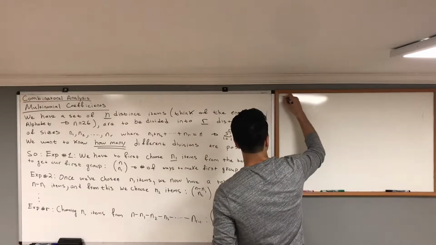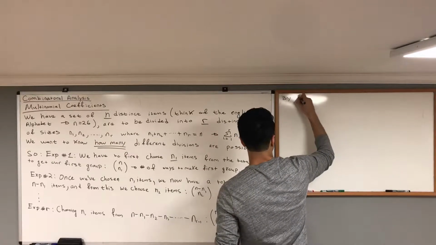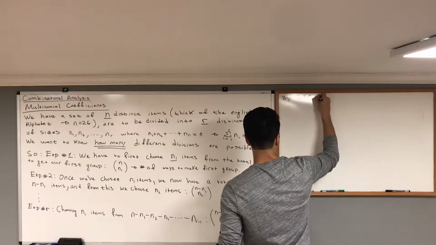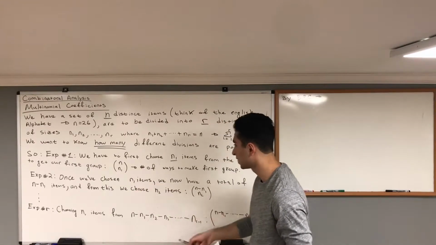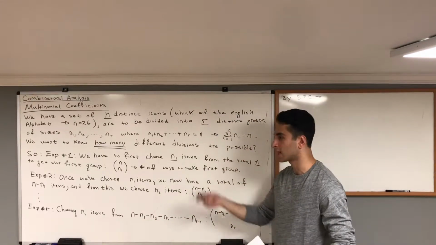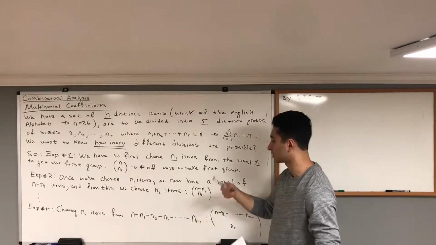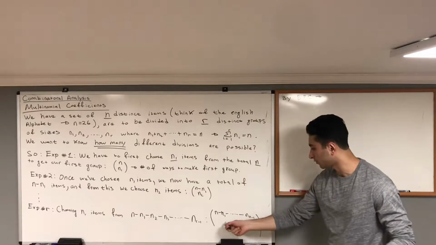So, by the basic principle of counting, we have this times n minus n1 minus n2, choose n3, times blah blah blah, until you finally reach this.